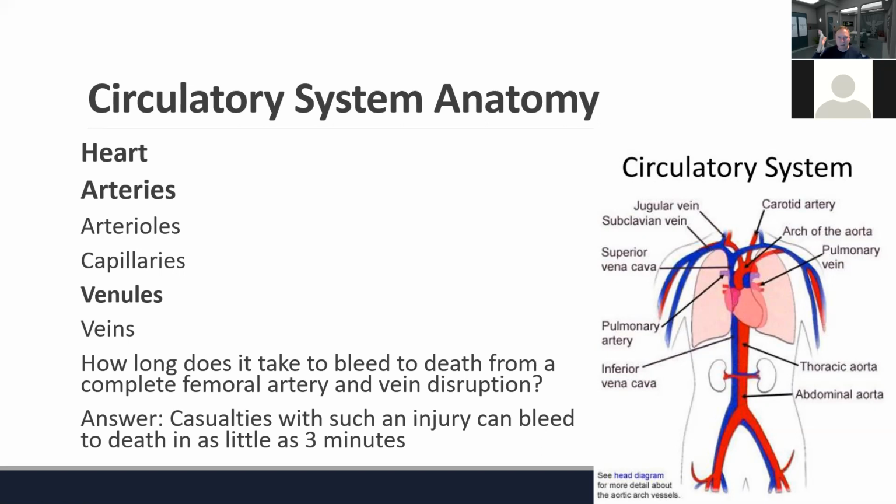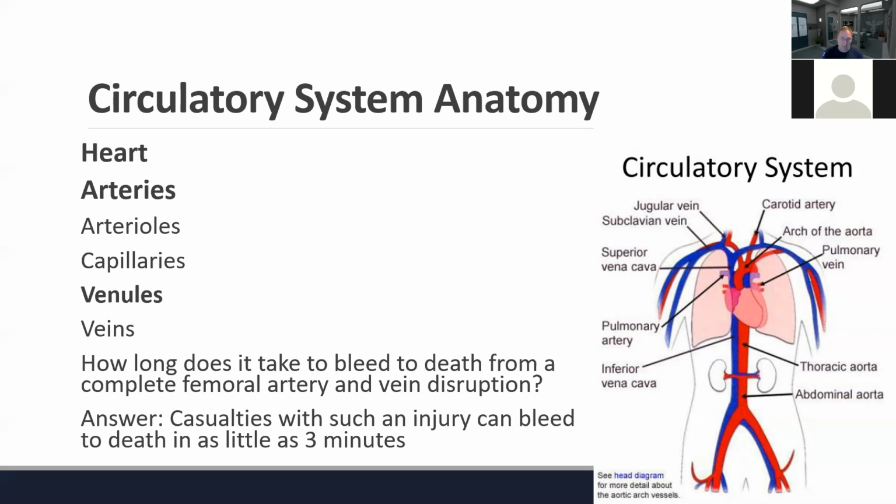The carotid arteries distribute blood to your brain. The brachial artery distributes blood to your arm. The femoral arteries distribute blood to your legs. Again, not important that you know the names of them. Just understand a vessel moving blood away from the heart is an artery, and it's pulsating.